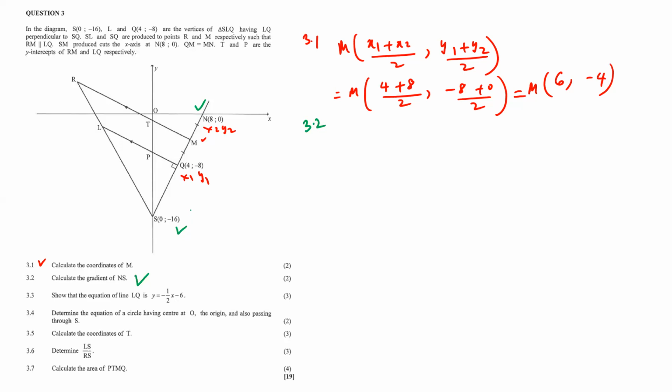The gradient of NS is exactly y2 minus y1 over x2 minus x1.